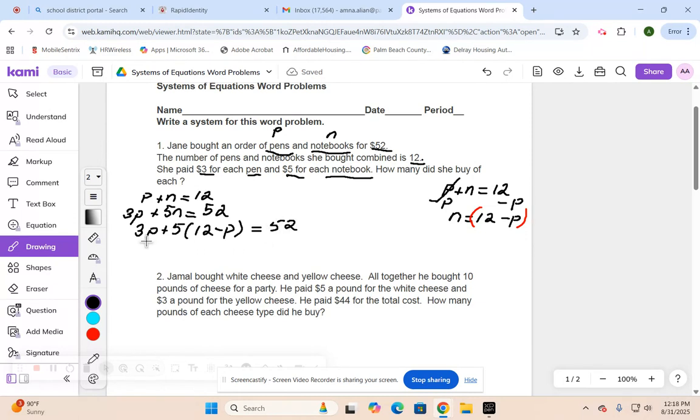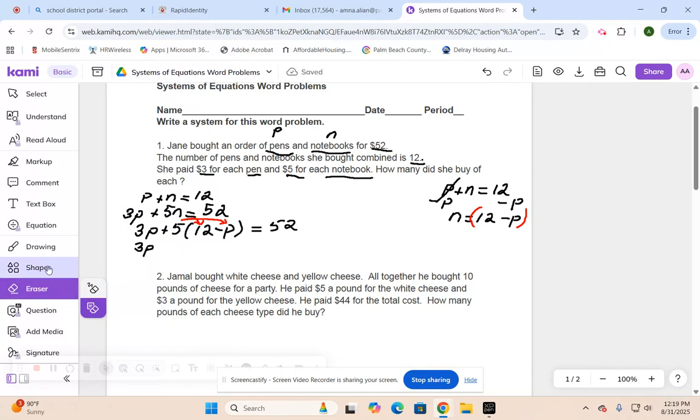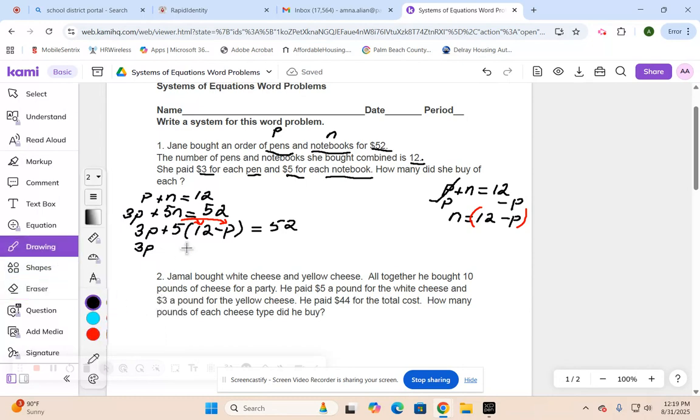Okay, we're going to go ahead and simplify. I'm going to distribute here and distribute here. We'll get 3P plus 5 times 12 is 60.